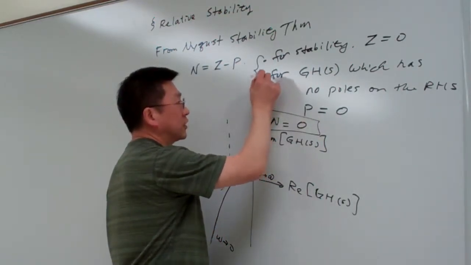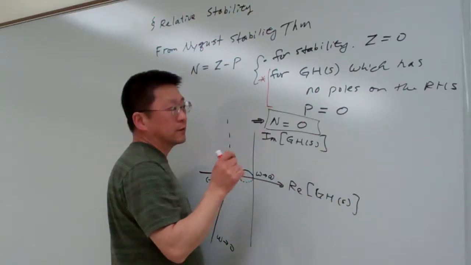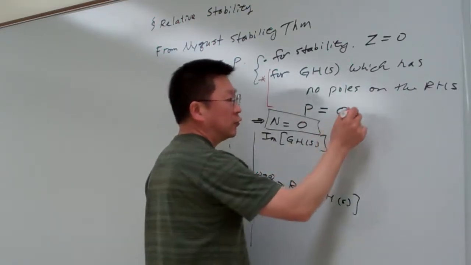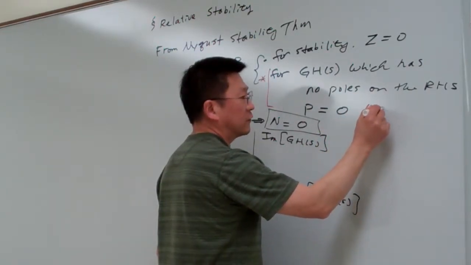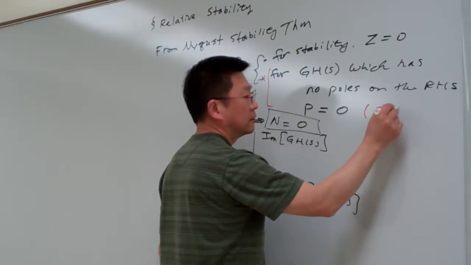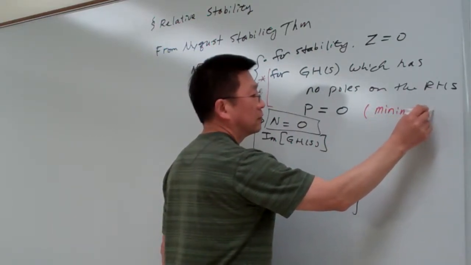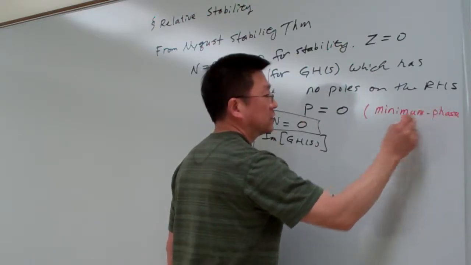So for these situations, if the system has no poles on the right hand side, we call it a minimum phase system.